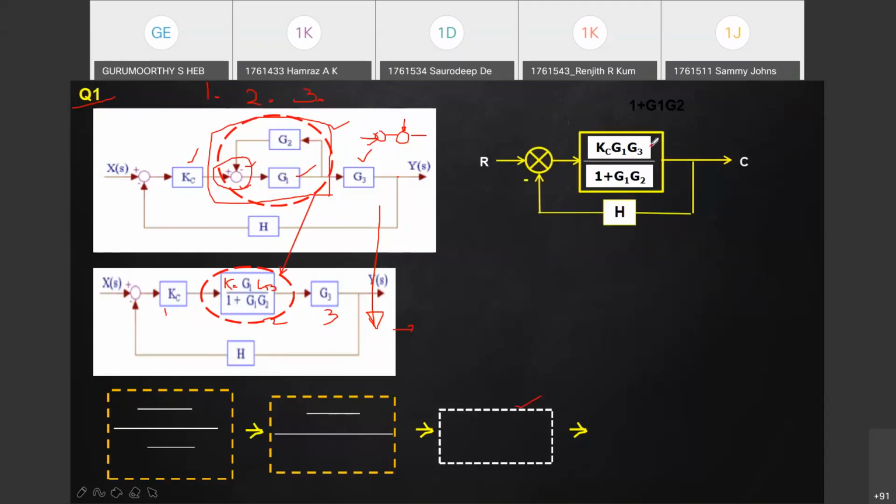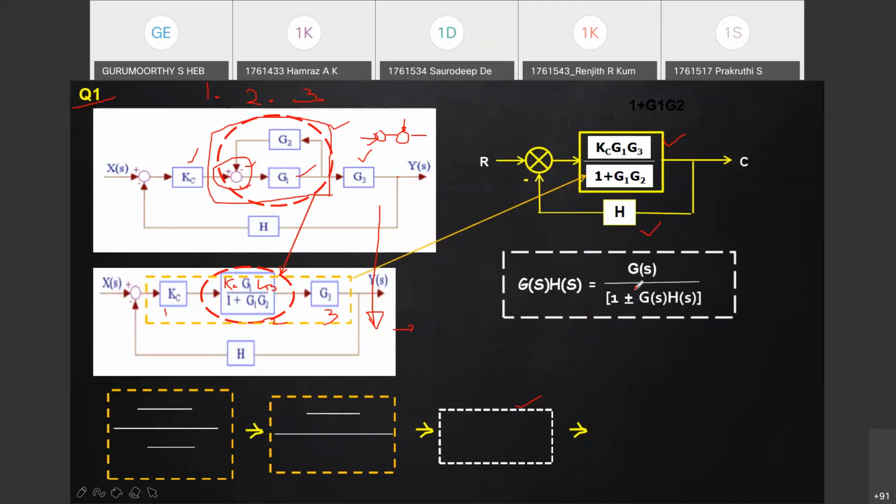So you will come to this step: Kc G1 G3 divided by 1 plus G1 G2, feedback is H. This is canonical form. You can simplify using 1 plus or minus G of S. In this case, this yellow block value is your G of S divided by H of S. So you will have to do this simplification here.